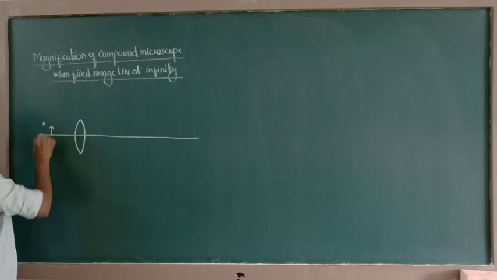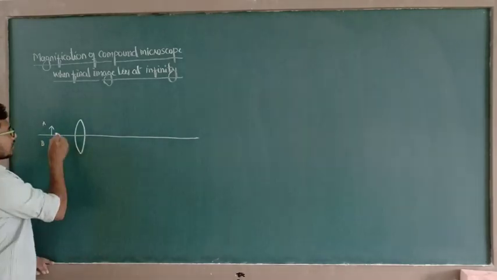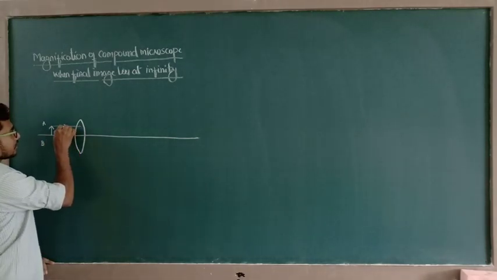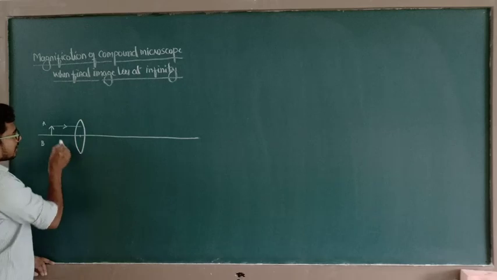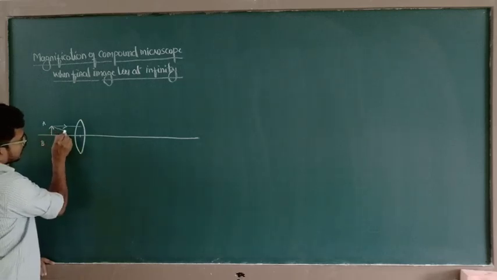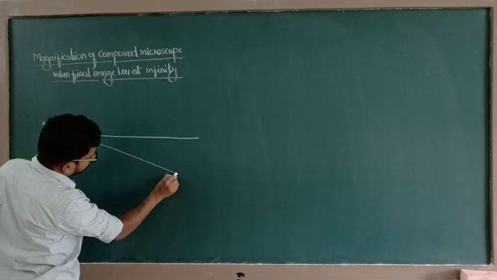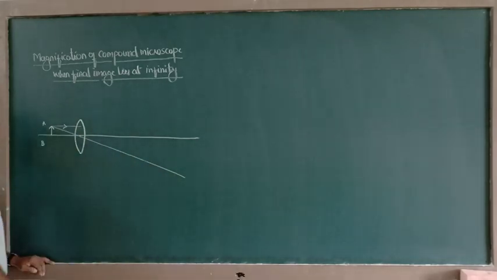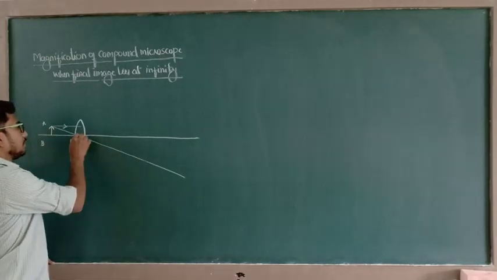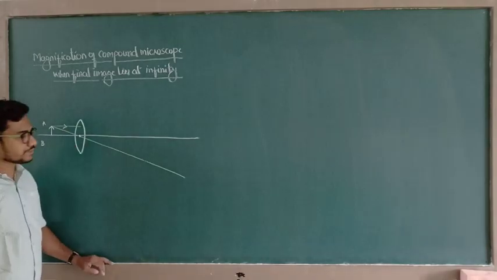There is a need of two light rays. A light ray parallel to the principal axis, direction of incident light ray. Another light ray passes through the optical center and proceeds without any deviation, because this is a thin convex lens.